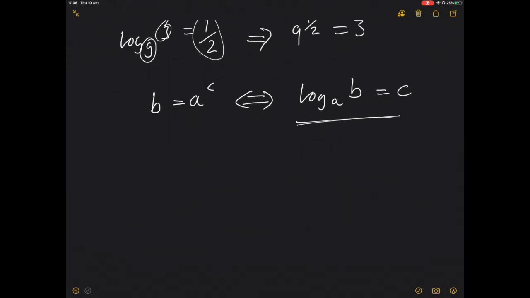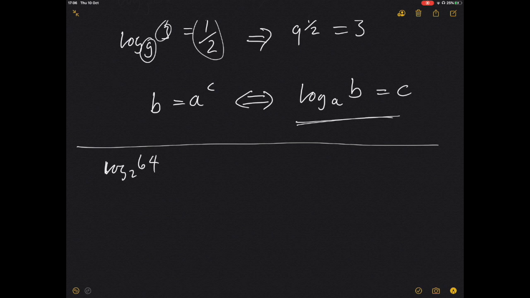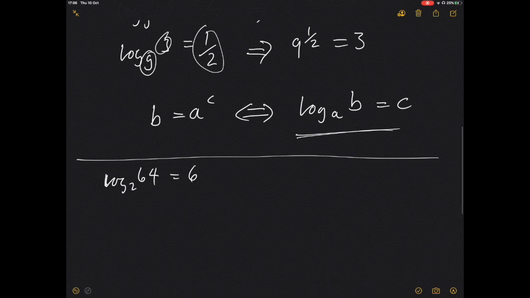So a couple of examples. One of the simple exam questions we might have for the 2 markers: express log base 2 of 64 equals 6 in index form. That's quite simple. We have our 6, and we can just use our equation to say that that would be the same as saying 2 to the power 6 equals 64.